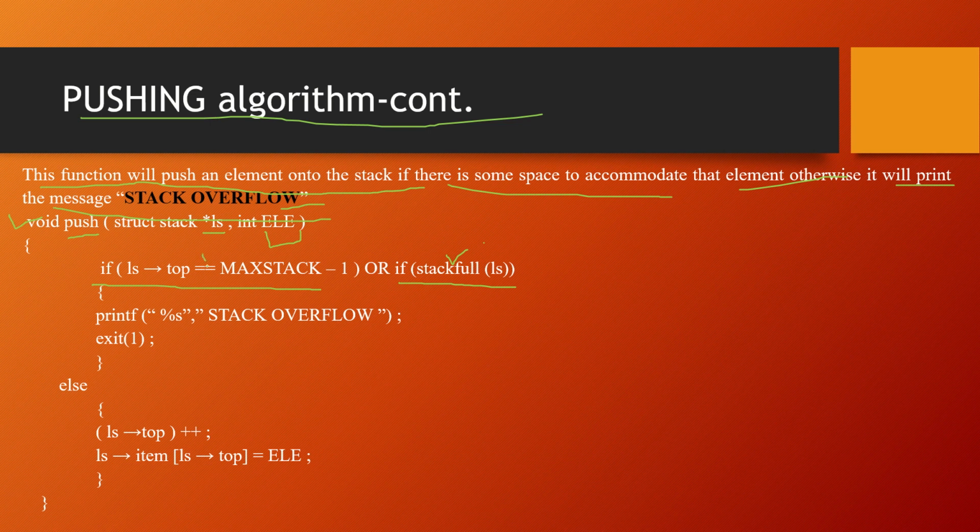Either you write this statement or that statement, the answer is the same. If it returns true, that is, the stack is full, we print stack is overflowing and we exit from the program. Otherwise, if it returns false, that is, it returns 0, then we continue.